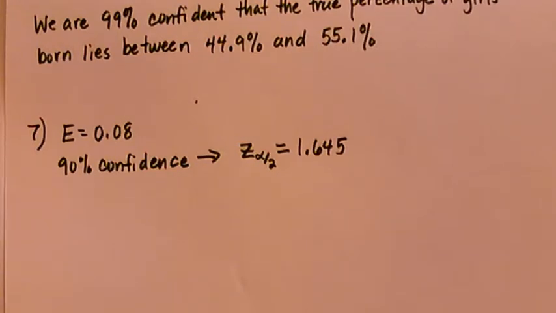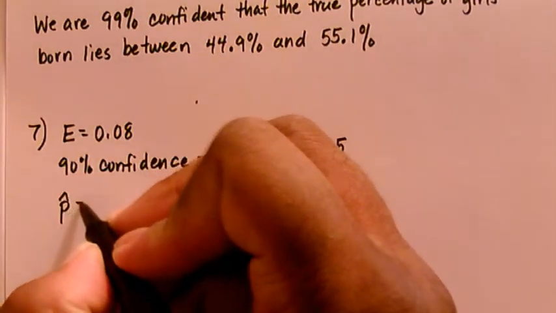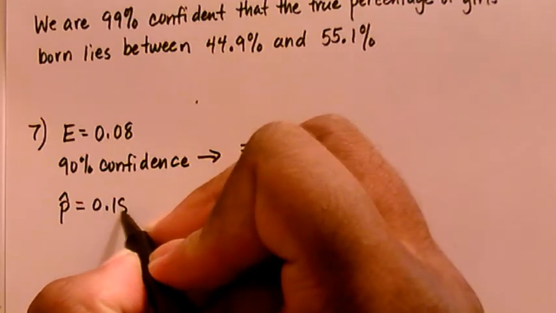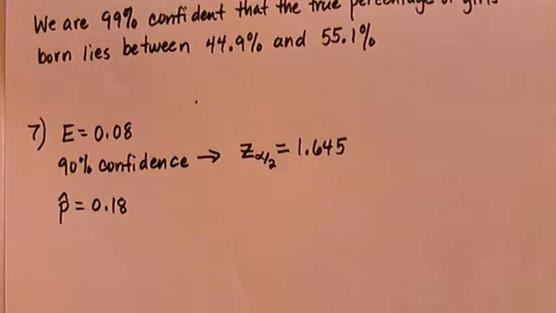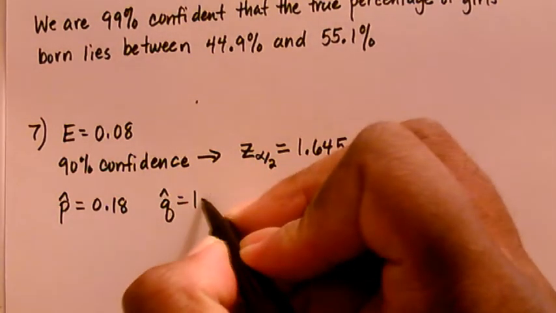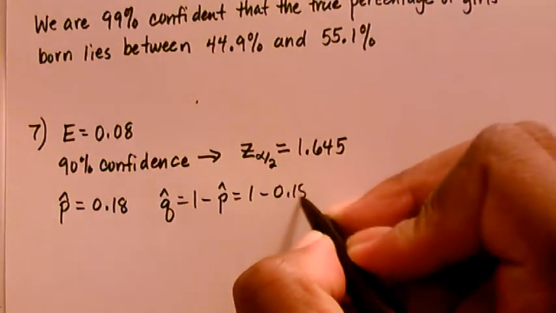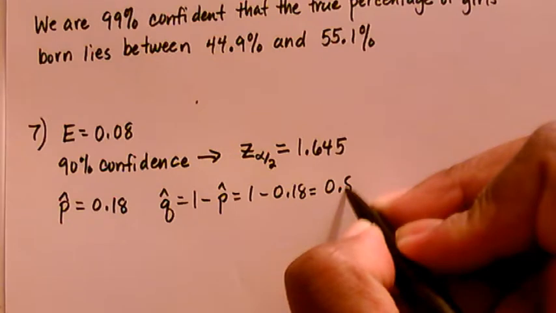And we're also told that we're to use the results from a prior poll suggesting that 18% of adults have consulted fortune tellers. So here, P hat, that's 0.18. 18% as a decimal will be 0.18, which means that Q hat, that's 1 minus P hat, or 1 minus 0.18, that will be 0.82.